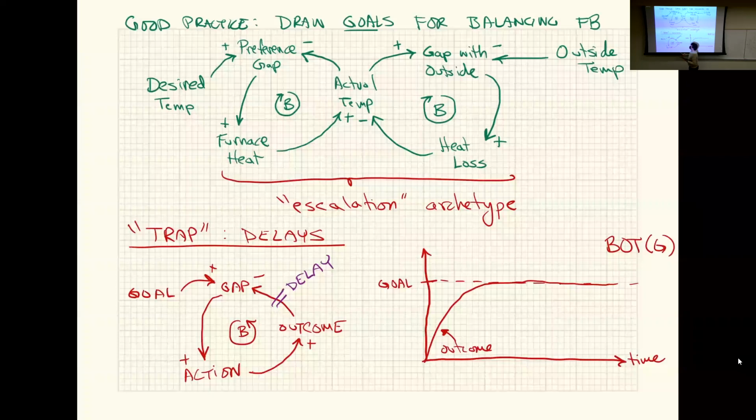There could be delays like, well, once you've calculated the gap, you decide to take an action, but it takes a while for that action to actually kick in. So there could be a delay there. So for example, your furnace turns on, it starts dumping heat into the house. The temperature doesn't immediately start going up. So it's trying to respond to a gap, but there's a delay between its action and the actual temperature.